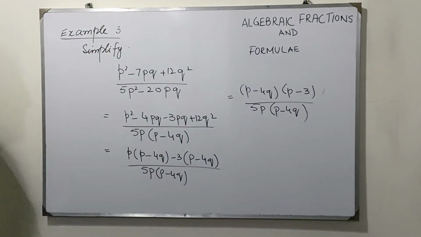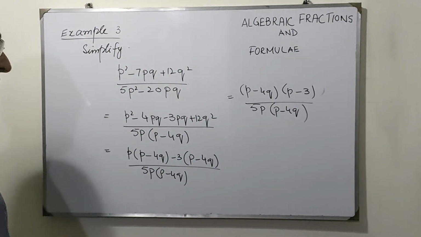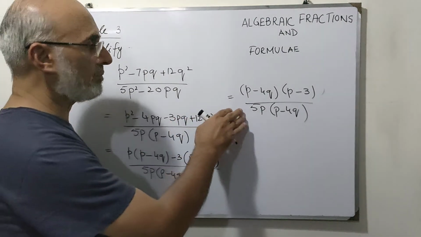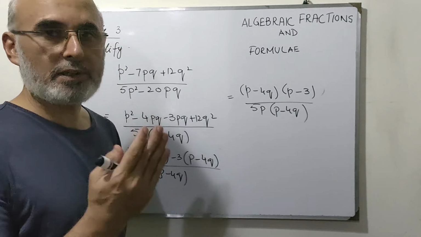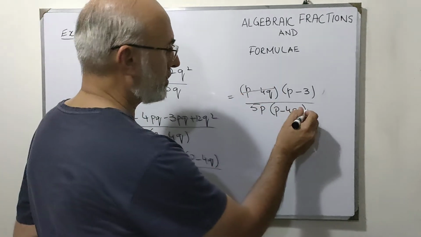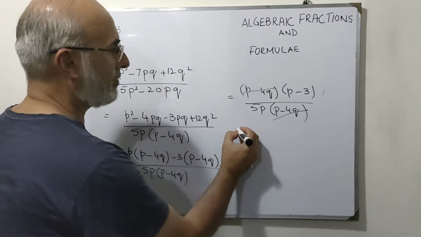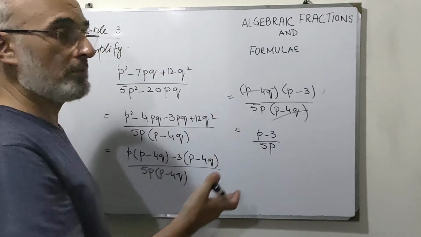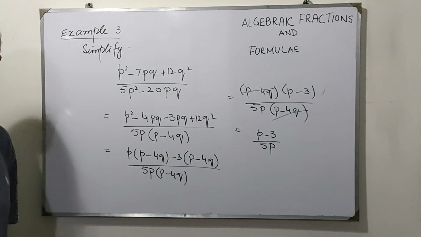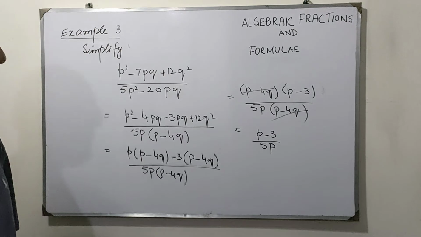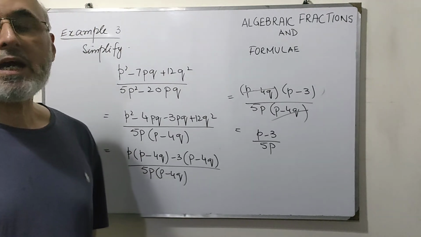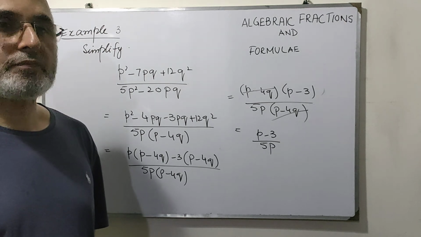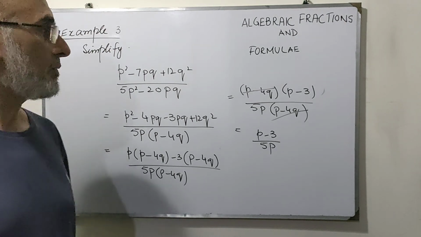Okay, so after taking a midterm breaking thing, we got the factors, we took the common in the denominator, and so we are here now. Okay, the things are pretty simple now, so just cancel out this is common. Okay, so we are left with p minus 3 over 5p. So this is the simplified form of this. Pretty easy, right? So let's take next example, and in that example we'll find the value of the variable under the given conditions. Okay, let's do that.